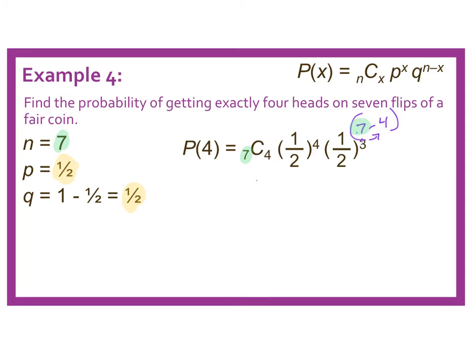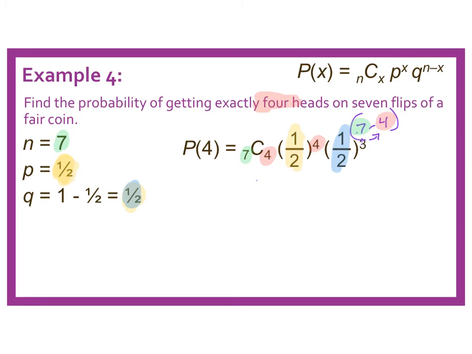Then the probability of P is 1/2. The probability of not P happens to be 1/2. And the number of heads, 4, is this number right there, and there, and there. Okay, so that's how we get all these values.